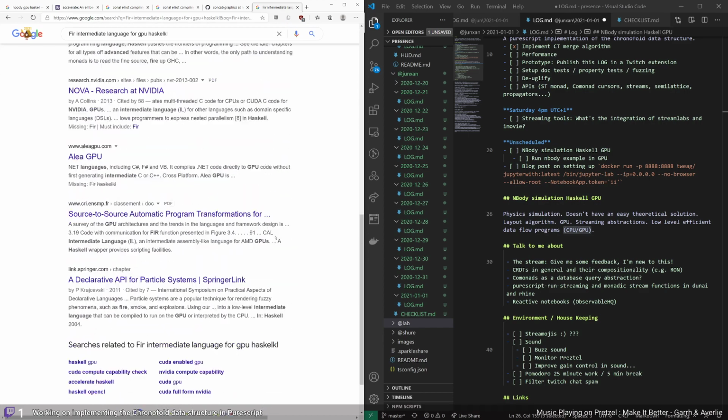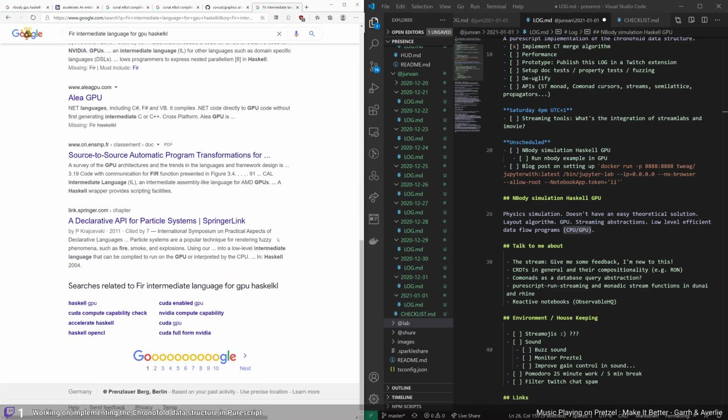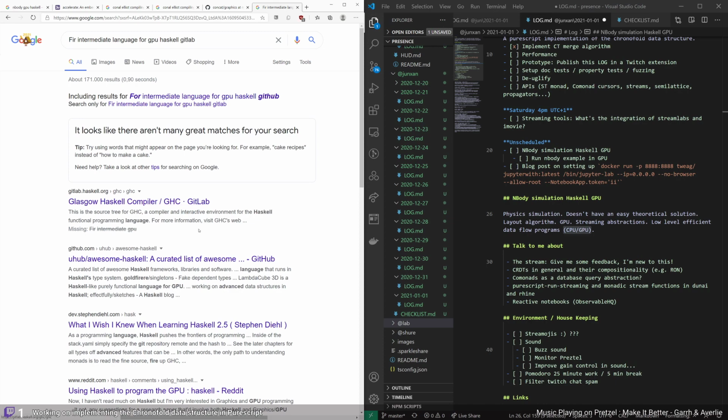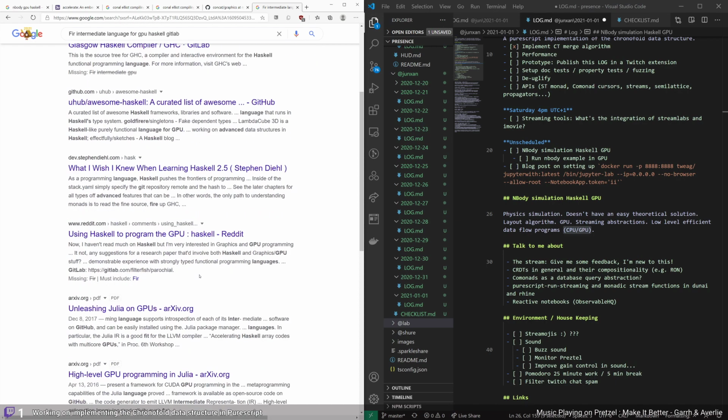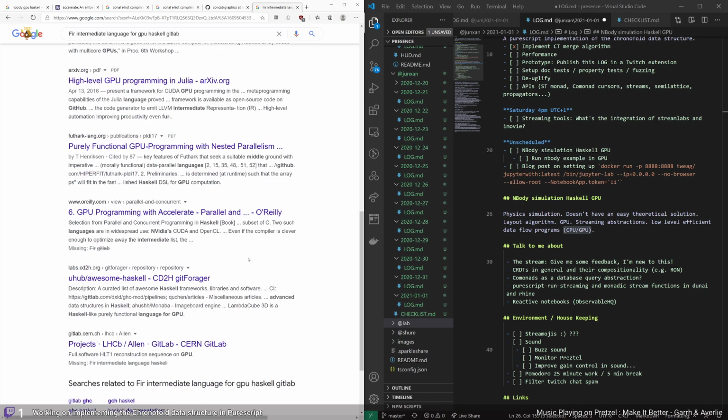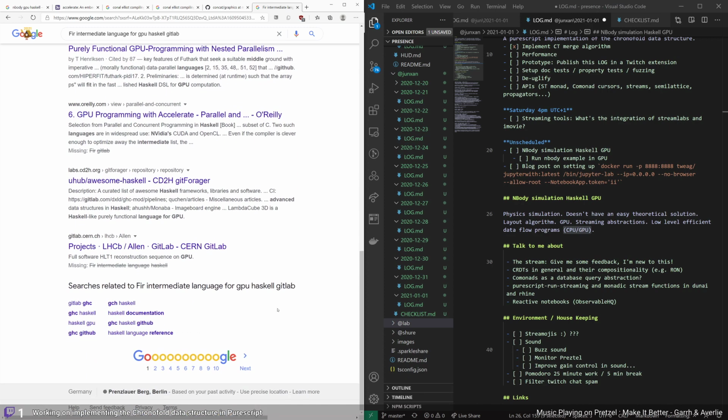And it's really hard to get search results for this. It's not the first time that I have had trouble. Oh yeah, and Julia, there's a good chance that actually Julia is ahead of Haskell on some of these things, because it has a lot of momentum.